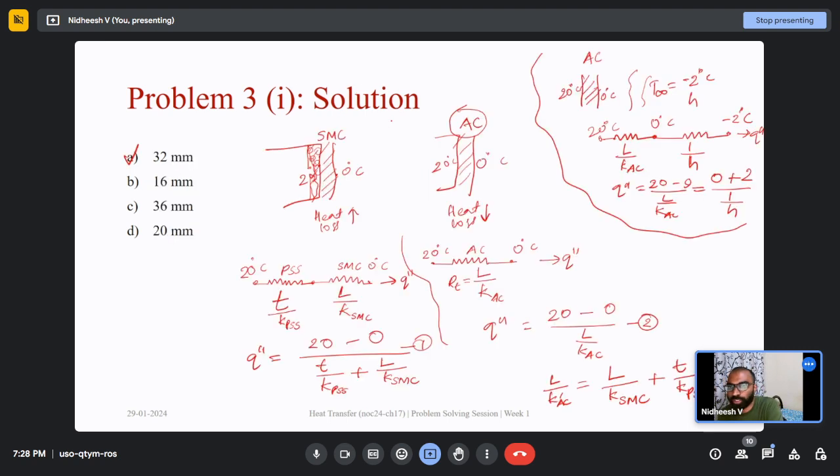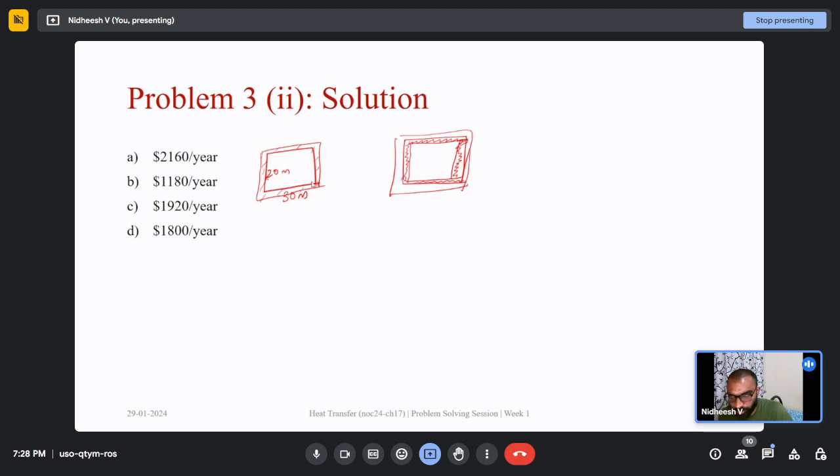To relate it to our previous problem, say the outer layer was a stone mix concrete wall, and the inner layer is a polystyrene sheet wall. Initially, if there was no polystyrene sheet, it would have been a 20 meter cross 30 meter floor area, and with the polystyrene sheet we already found out the thickness.